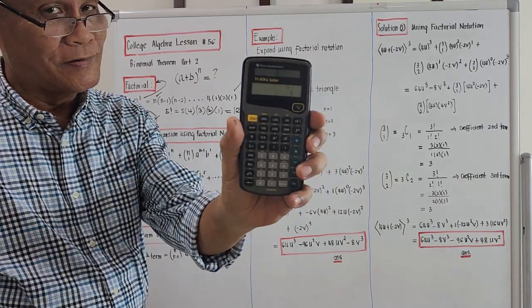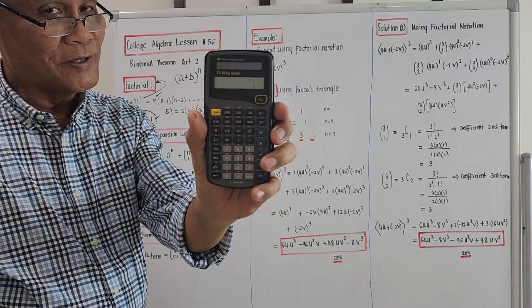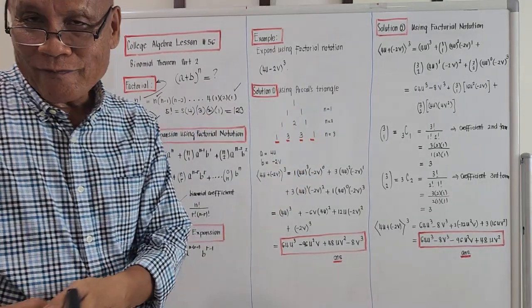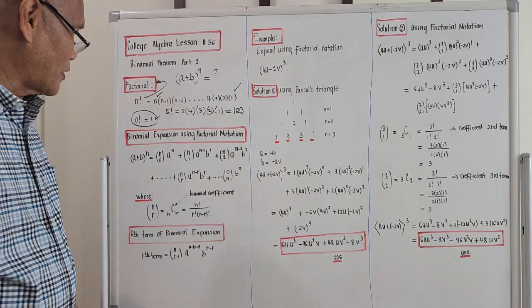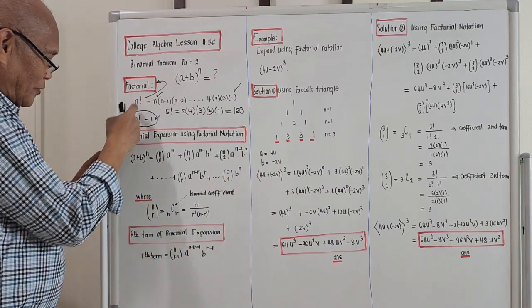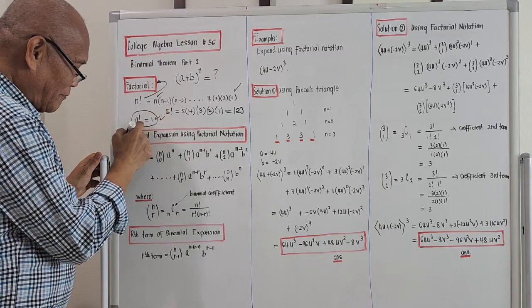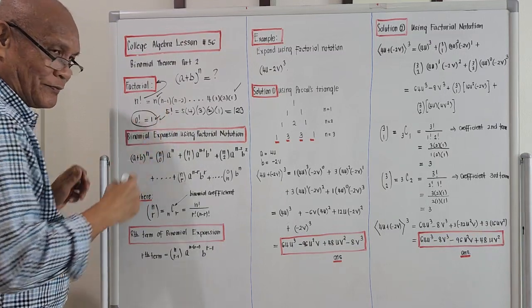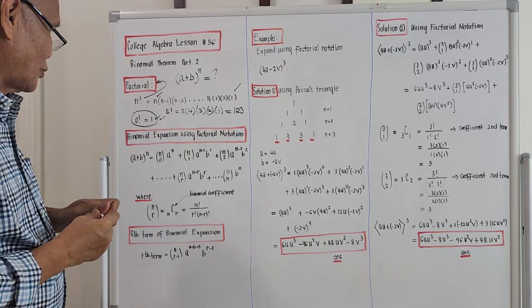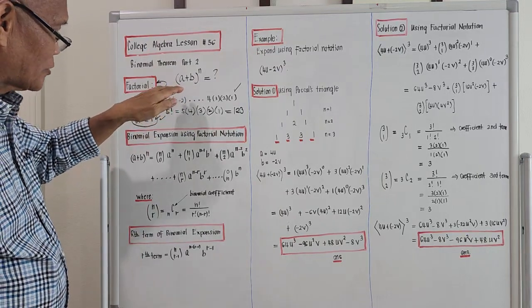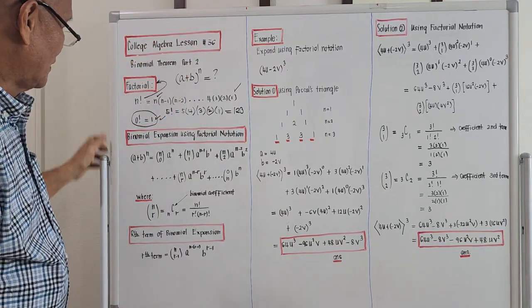The value is 1. Okay, you got it? So from now on, under the study of college algebra, if we say 0 factorial, this should be 1. Because there will come a time that we will be using the value of 0 factorial to be equal to 1. Okay, let's proceed with the expansion of the given binomial expression a plus b raised to n.